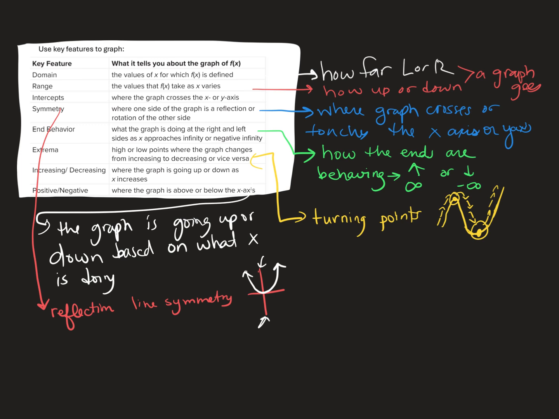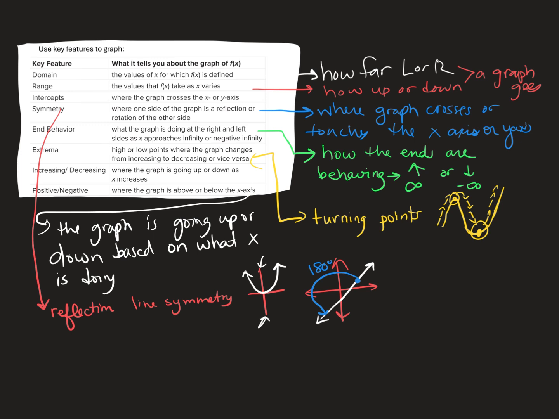So that's line symmetry. And then when you think about point symmetry, you can pick a point on that graph and rotate it 180 degrees and you will find a point on that graph that's on the same spot. You can rotate that whole graph and you're still going to have the same graph. I hope that makes sense.